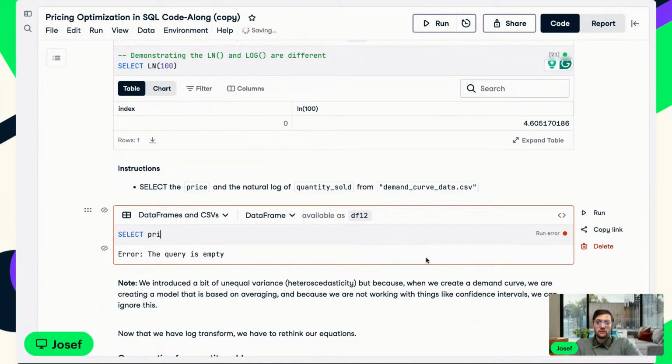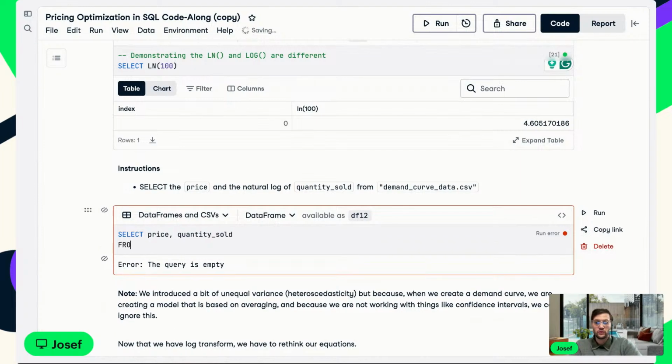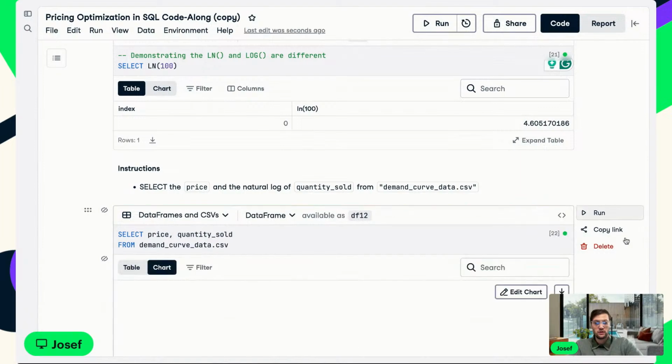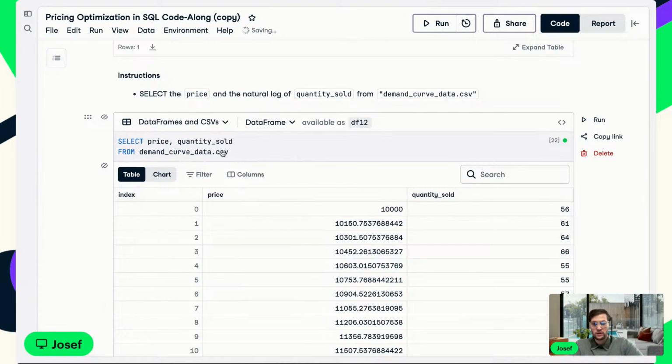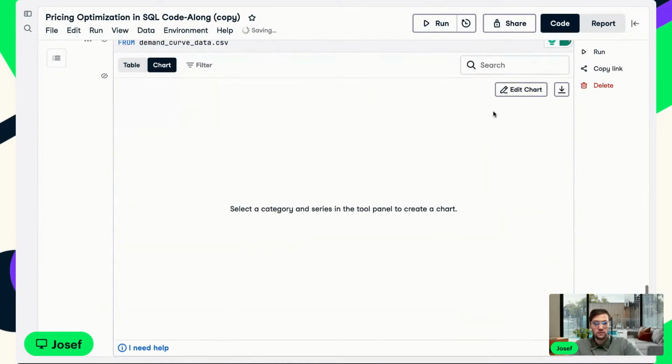Okay, so let's continue. Select price, quantity sold from demand curve data.